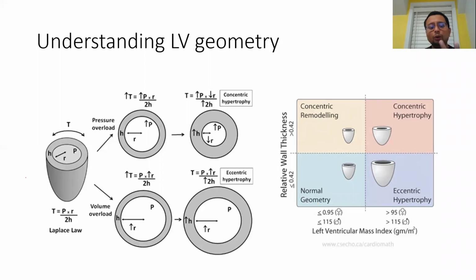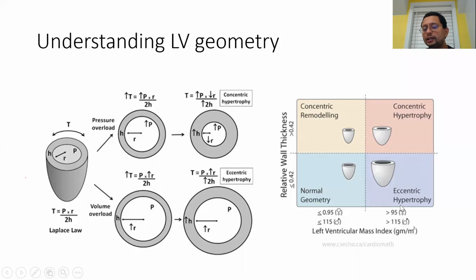So one, we have the LV mass index, and another one, we have relative wall thickness. Once we get these two numbers, we can plot them into this four-room box here. Let's say we just take male. If the male left ventricular mass index is less than 115 grams per meter squared, and the relative wall thickness is less than 0.42, they have a normal geometry.